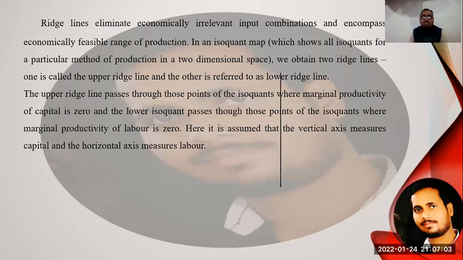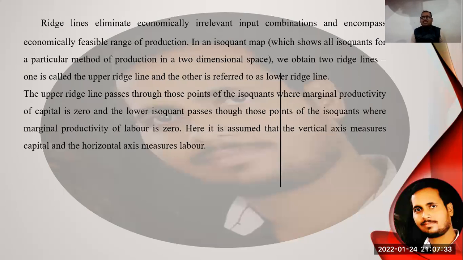The upper ridge line passes through those points of the isoquant where the marginal productivity of capital is 0, and the lower ridge line passes through those points of the isoquant where the marginal productivity of labor is 0. Here it is assumed that the vertical axis measures capital and the horizontal axis measures labor.